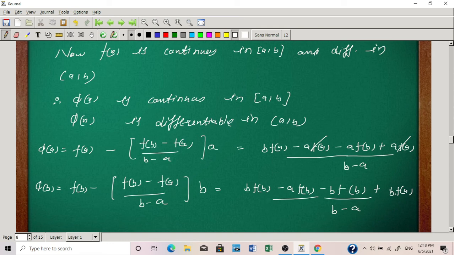So the b f(b) terms cancel. Therefore, if we see these two equations, we find that phi(a) is equal to phi(b).